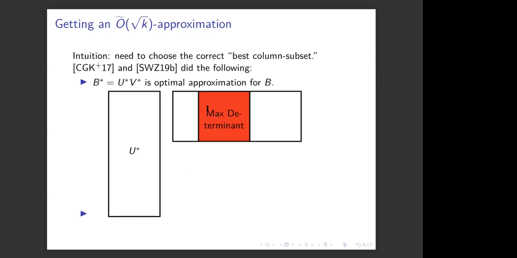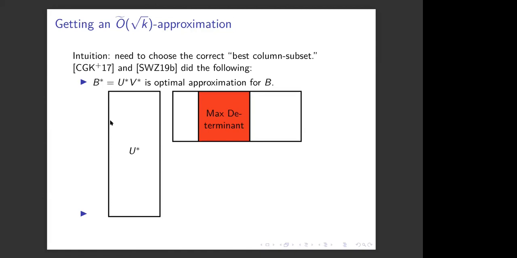In those previous works, they took the max determinant subset and said that this is within an O of k factor of optimal. But for the L1 norm, this is not the best column subset, because intuitively, this max determinant subset covers the other columns by spanning it with a linear combination where all of the coefficients have norm 1, and the number of vectors in the linear combination is k.